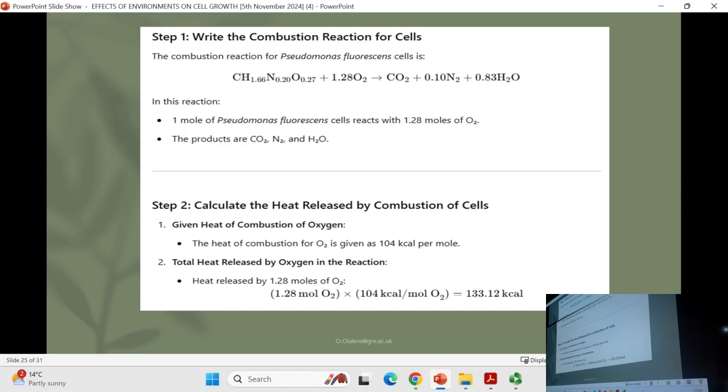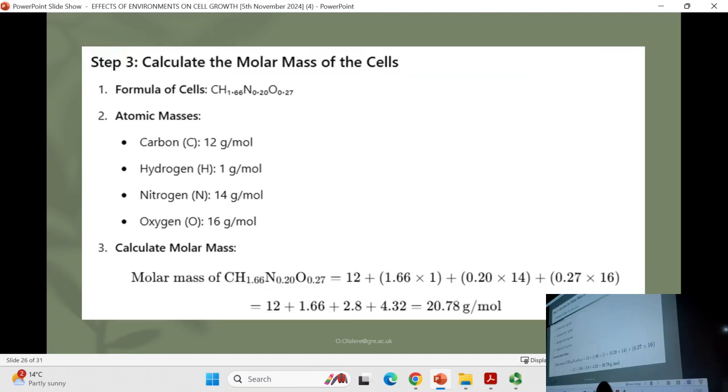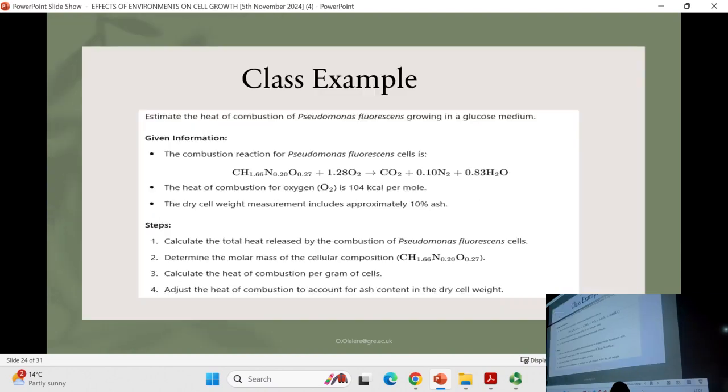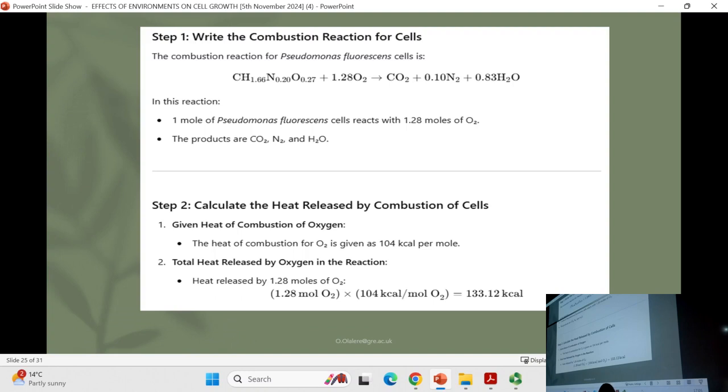So that is the heat released by the combustion of the cell. As simple as that. So just get the mole, and that's all. So we have that already, right?